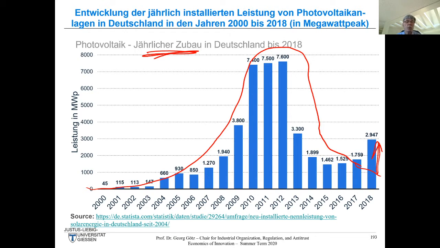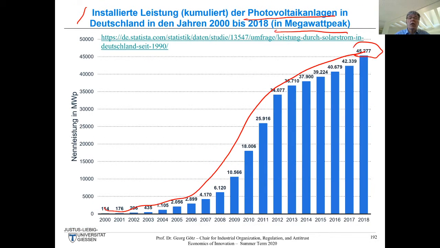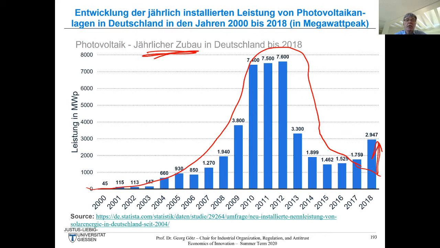I don't know whether Max put that in the assignment, we will have an assignment where you really will be able to estimate the slope of such a diffusion curve for these solar panels, given what is called an epidemic approach, which I hope to explain within the next 10 minutes or so. Okay, here's what you see. Again, an S-shaped diffusion curve.